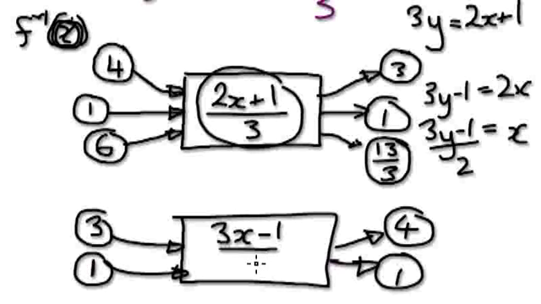So (3x minus 1) over 2. Now we are trying to work backwards. We are going to put the number 3 in, and we should get this number here, 4.